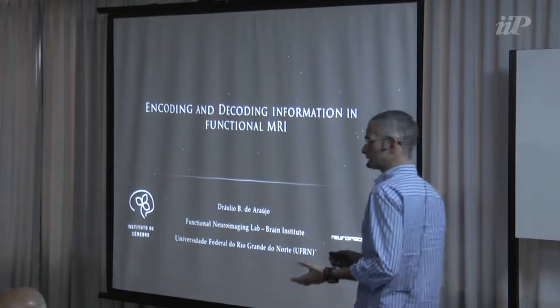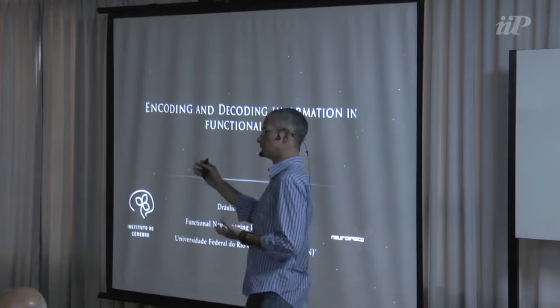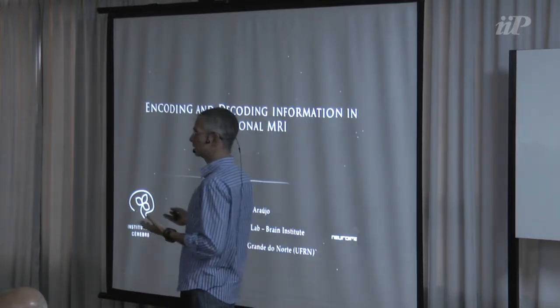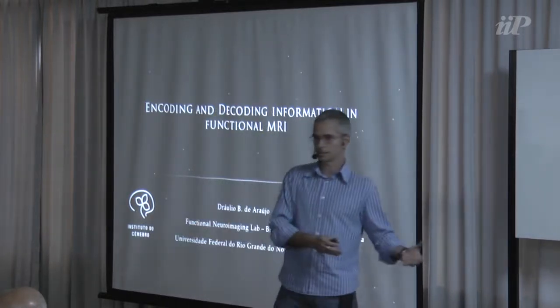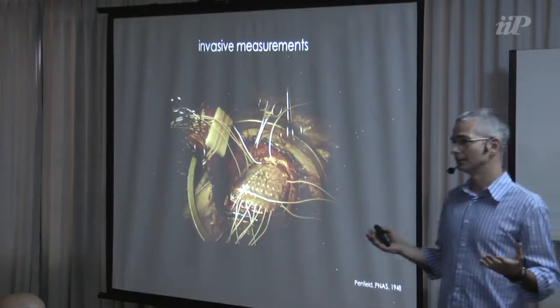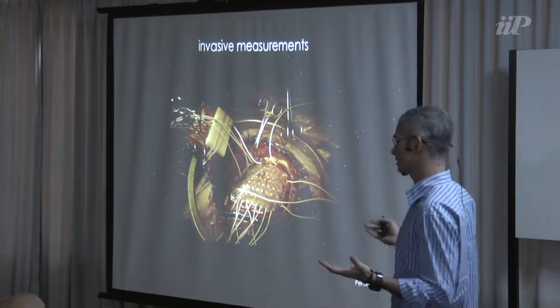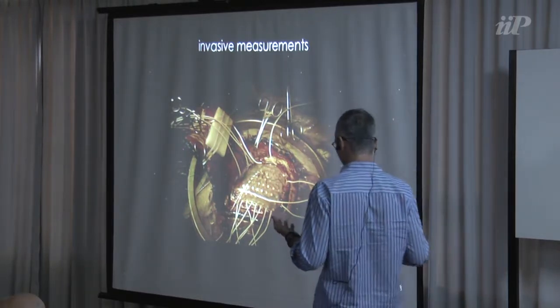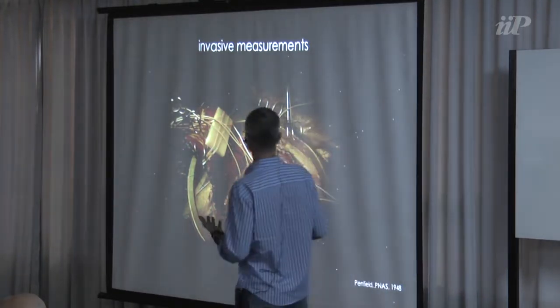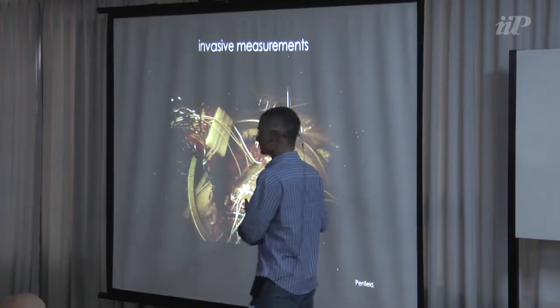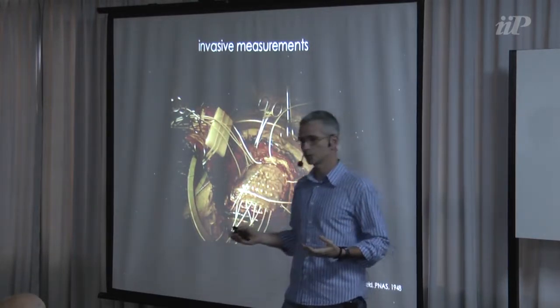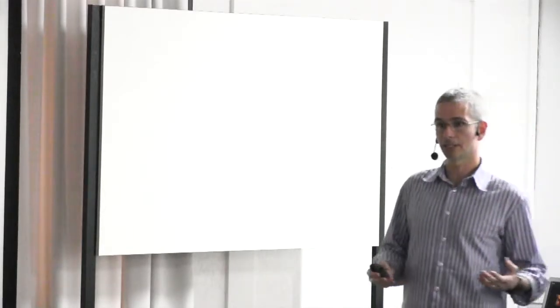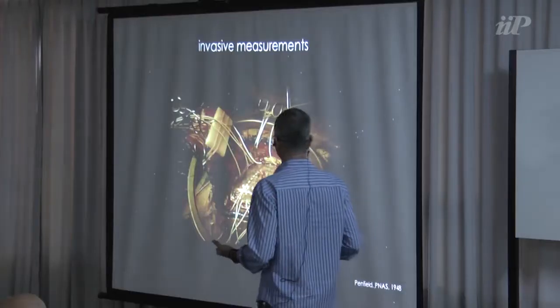So my perspective here is to walk you through part of this history, from where it begins to where it is right now. The first idea behind fMRI was to try to overcome this only access that we had to the human brain, which was by means of invasive measurements.